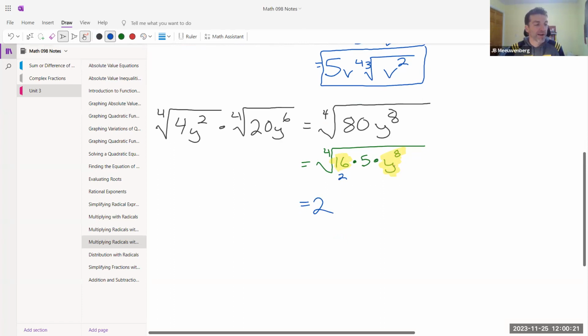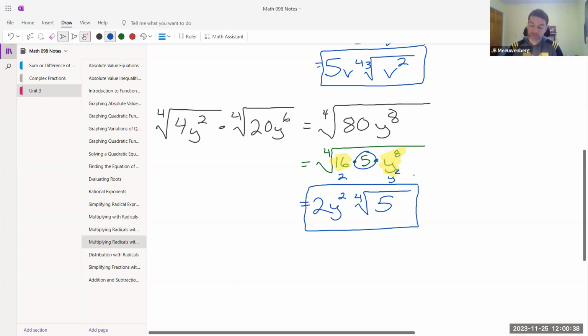The 4th root of y to the 8th, what do we do? Divide the exponent by 4. Y squared. 2y squared times the 4th root of, what's left? Just 5. 2y squared times the 4th root of 5. And that is how we multiply radicals with higher order roots.